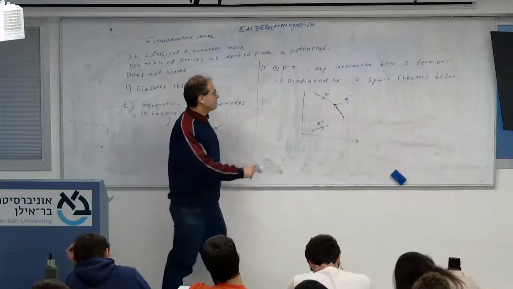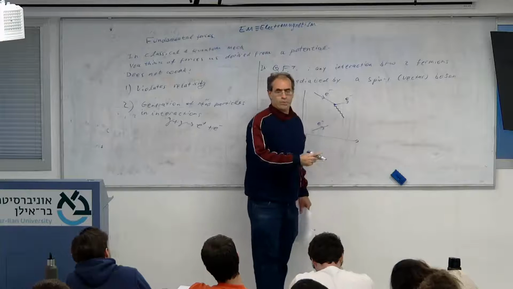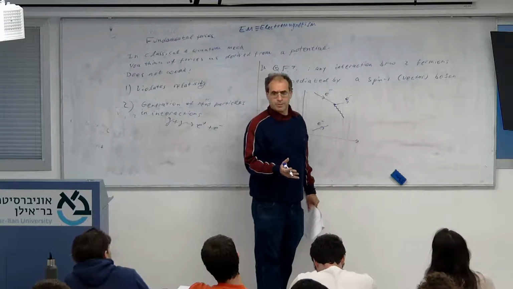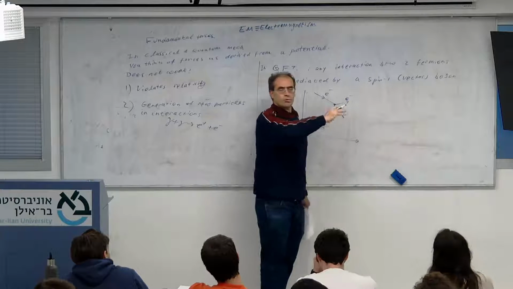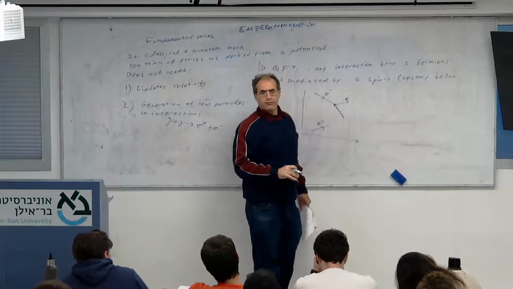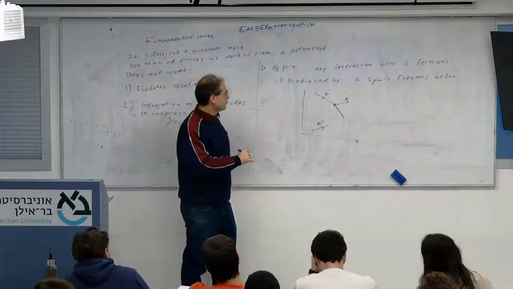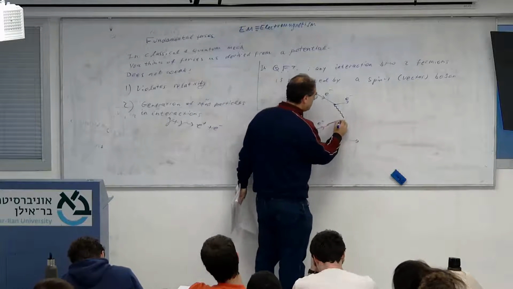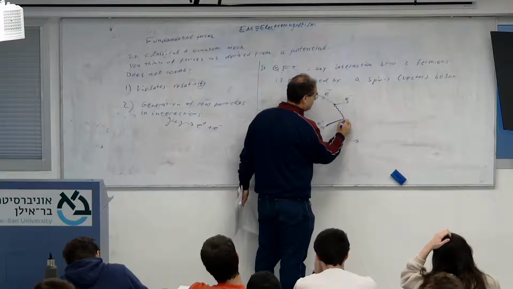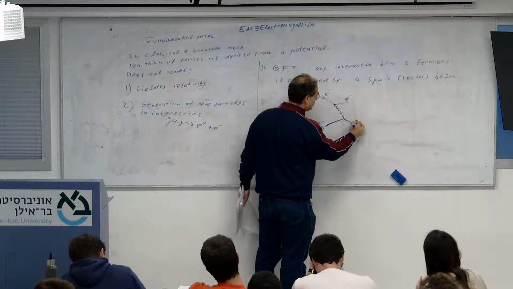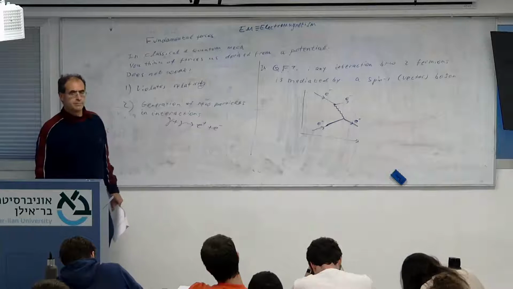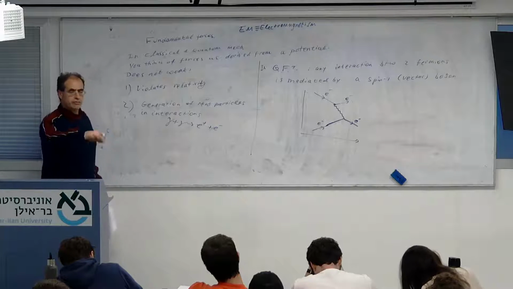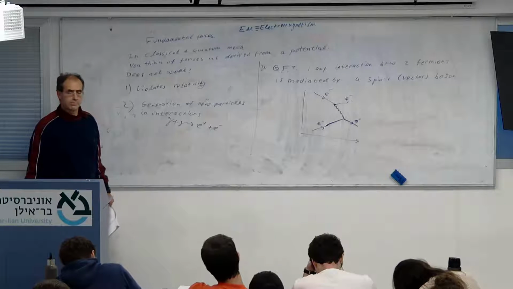Now, when it emits a photon, the four-momentum is conserved between the electron and the photon. And of course, after it emits the photon, its four-momentum will be different than the incoming one. And then this electron will interact with this photon, absorb it, and move away with a different momentum than it started with.